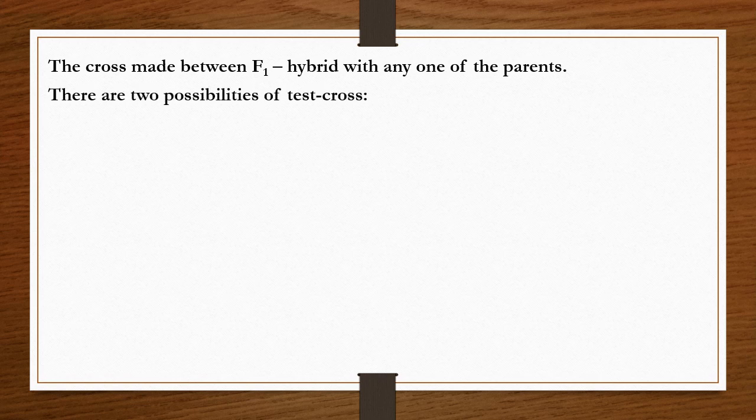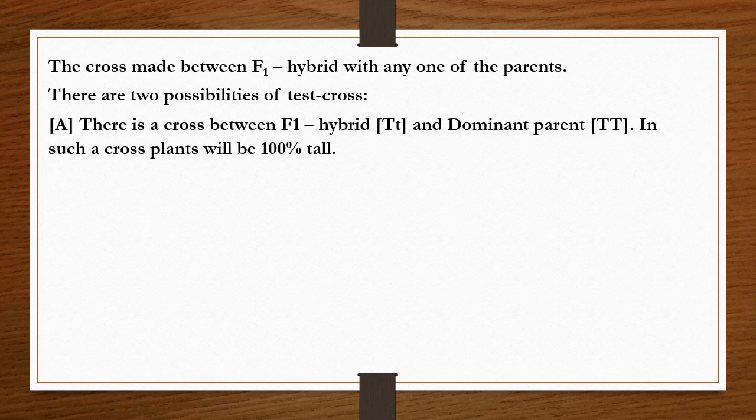So there are two possibilities of backcross. One is a cross between the F1 hybrid, that is capital T small t, and a dominant parent, that is capital T, based on the monohybrid. In such a cross, the plants will be 100% tall. Let's see that.